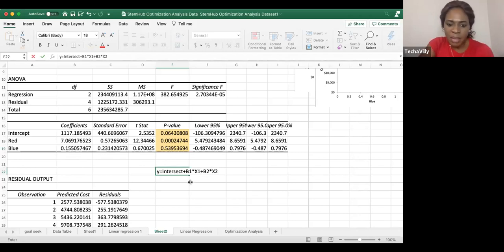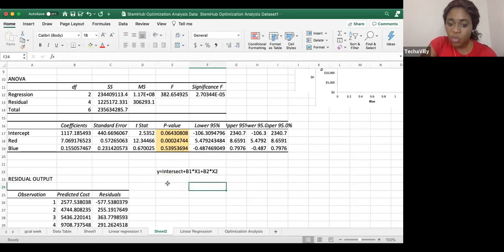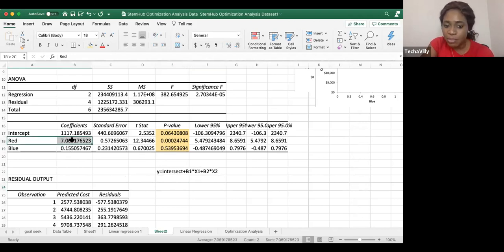Let me explain this. Because we have more than one independent variable, that's why we have the X1 and X2 and B1 and B2. So the red one here is the B1. This is the intercept. This is given.